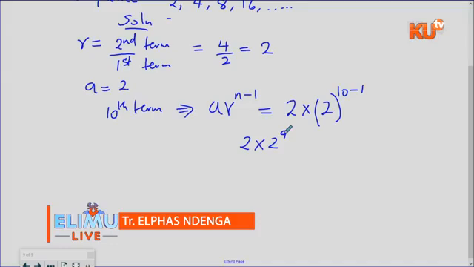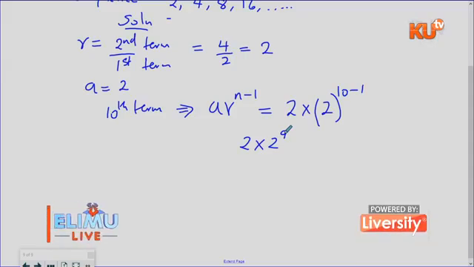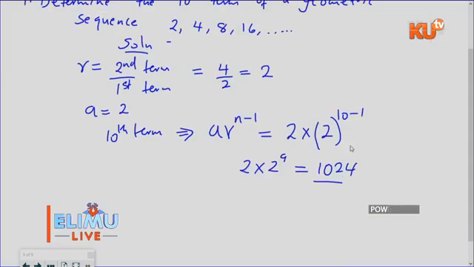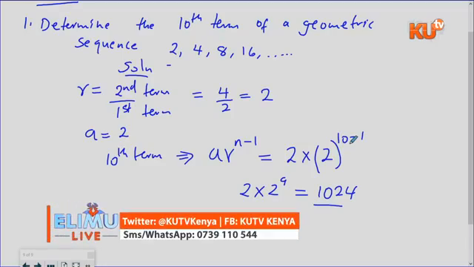Yes, any student who has gotten the value? 2 times 2, 3, 4, 5, 6, 7, 8, 9. That should be 512 times 2, which is 1024. Good. So your solution for the 10th term is 1024. Simply follow the steps and remember the formula. You'll be able to work out the value for the nth term.